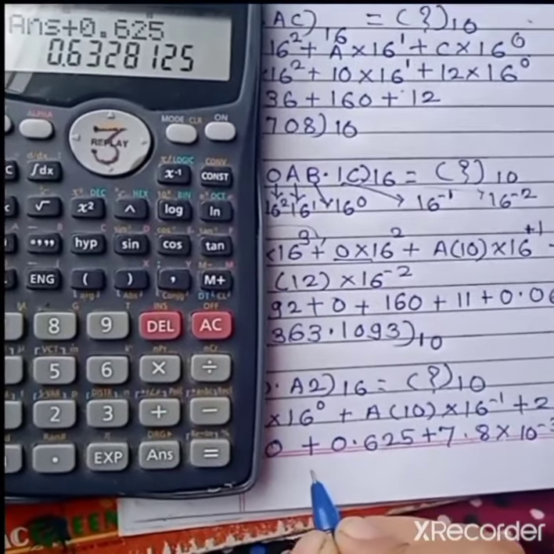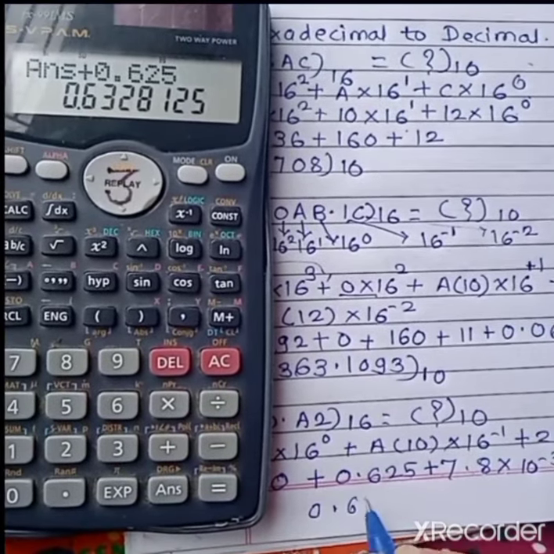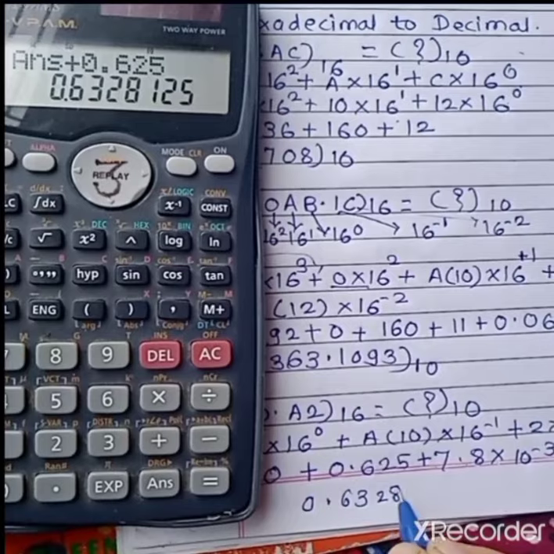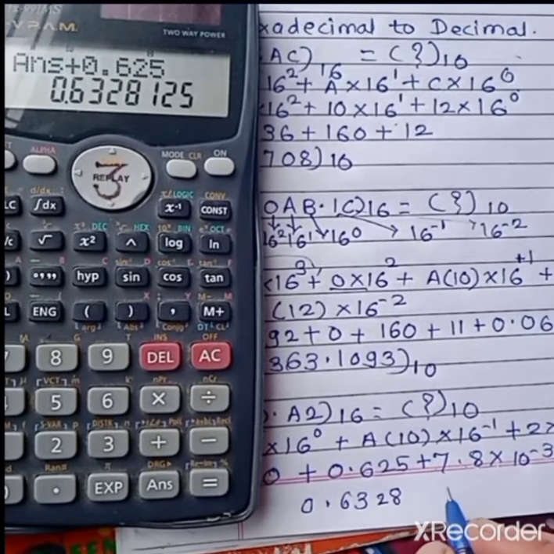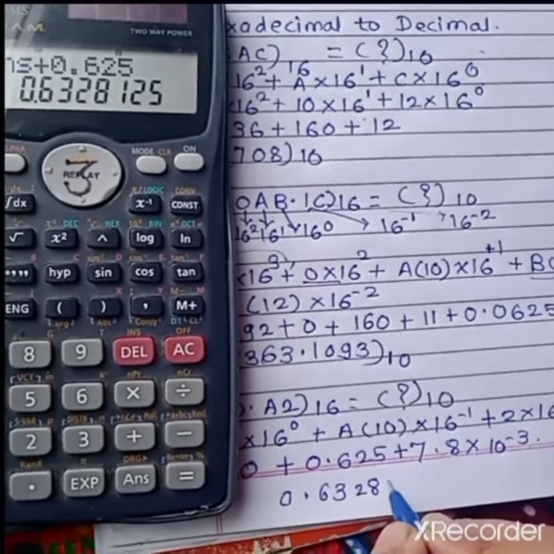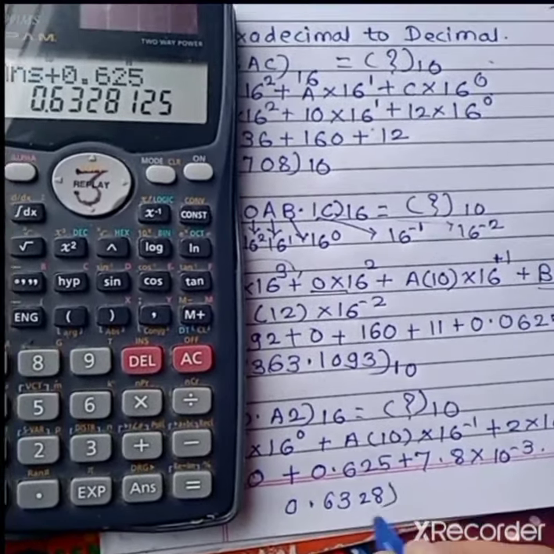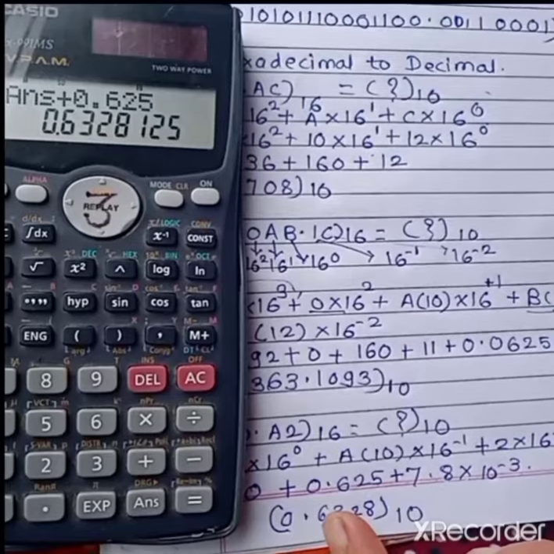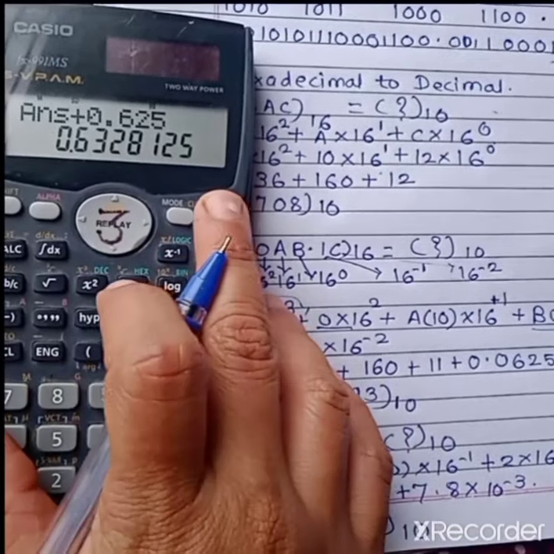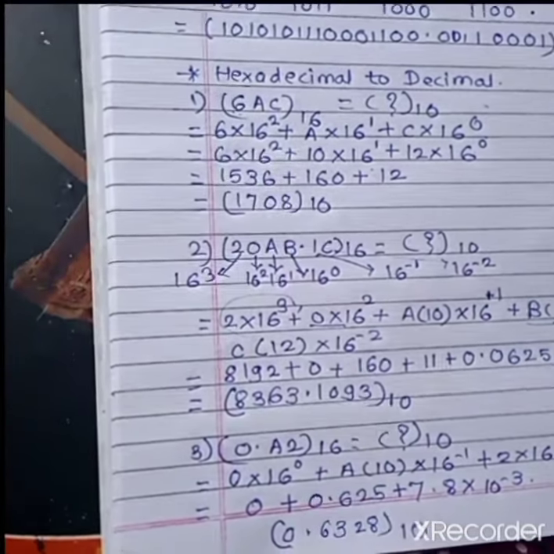So write answer 0.6328, that much is also enough, to the base 10, right? So this is your answer. With the help of this calci, you will find your answer easily.